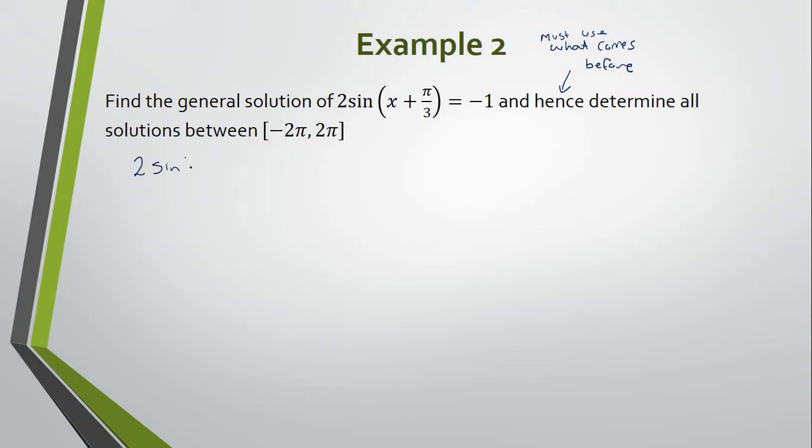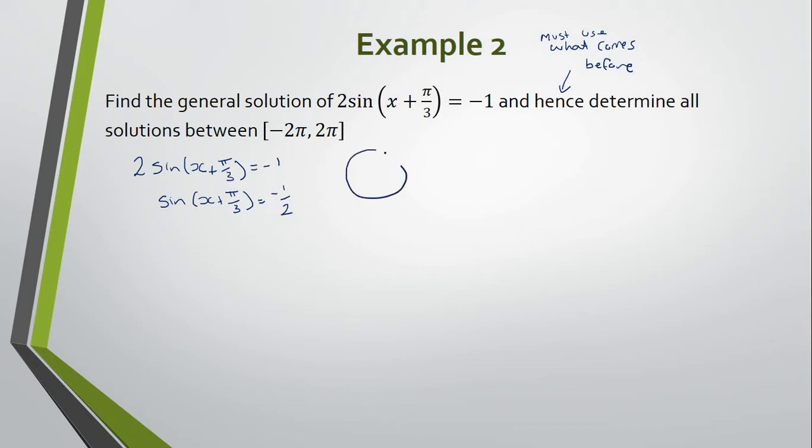So my equation is here. I start by dividing both sides by 2. Okay, now I'm ready to solve this. Remember, I'm not solving it for this given domain right now, I'm finding the general solutions.